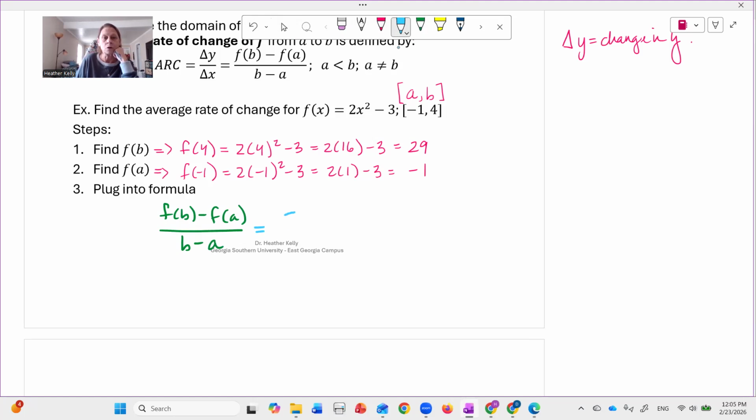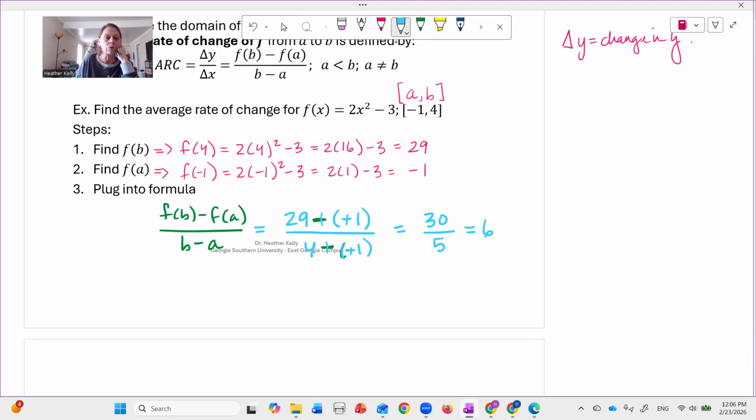So our f of b is 29, minus, that's the minus from the formula, f of a, which is negative 1, all over b, which is 4, minus, from the formula, negative 1. Okay, so this is going to give us 30, because minus a minus is a plus, over 5, it equals 6.